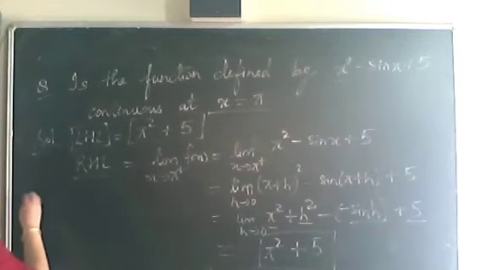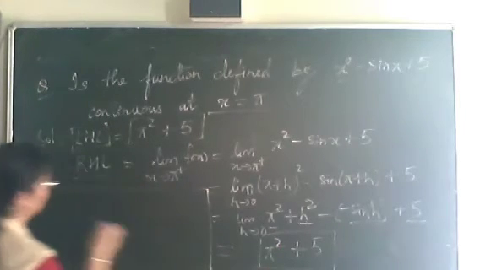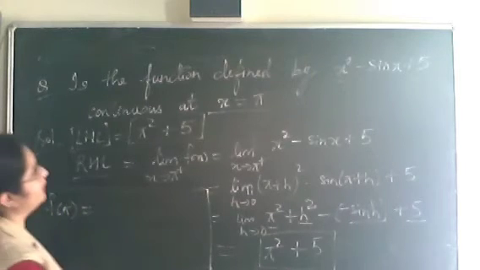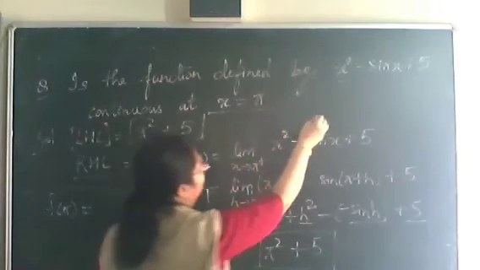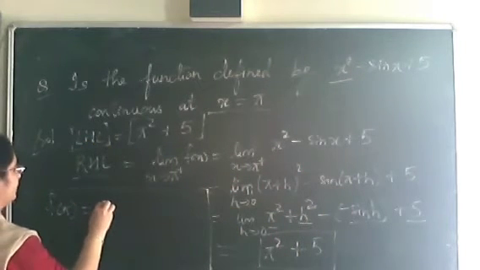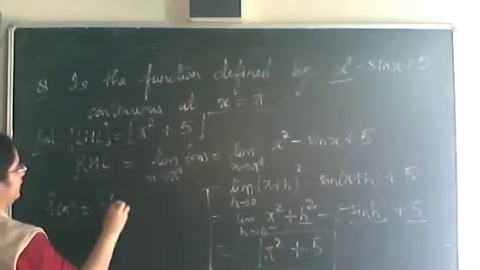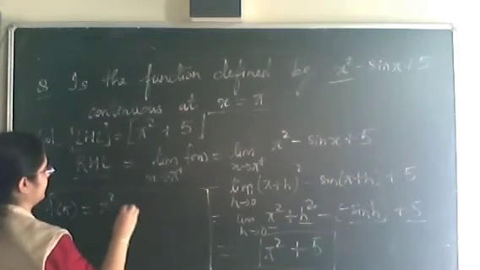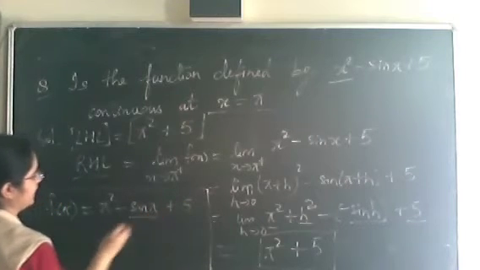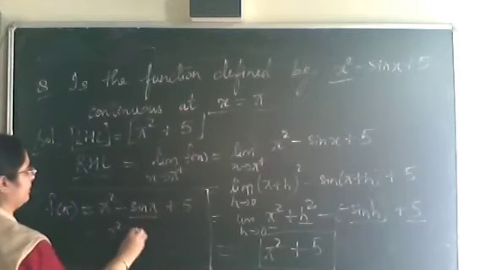Now we will find the value of f of pi. Instead of x we will write pi everywhere in the function. So the function will be pi square minus sine pi plus 5. Now sine pi is what? 0. So pi square plus 5.